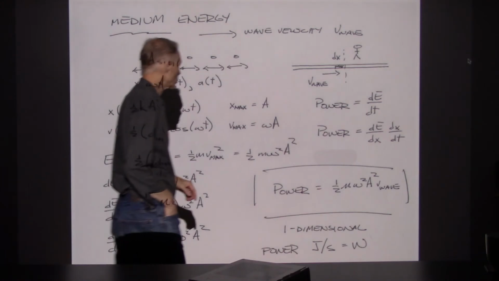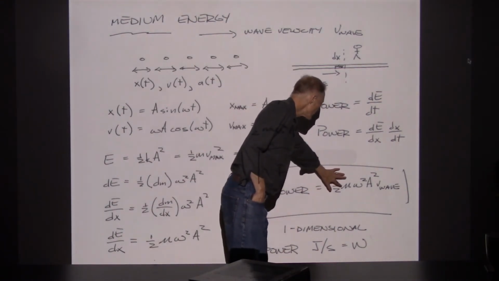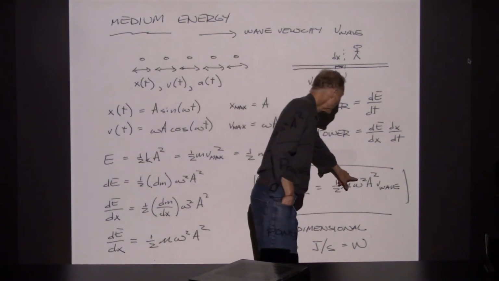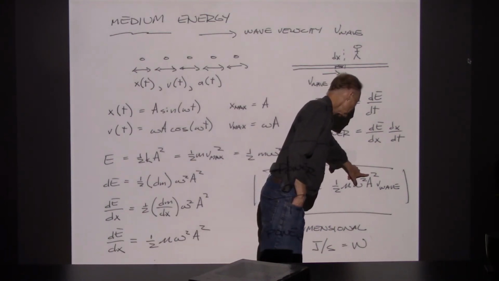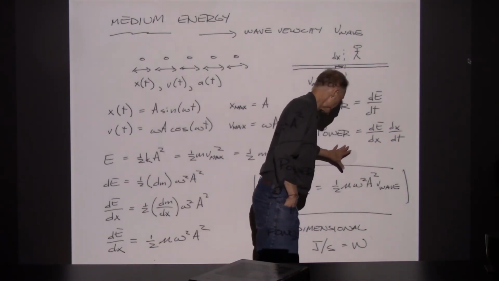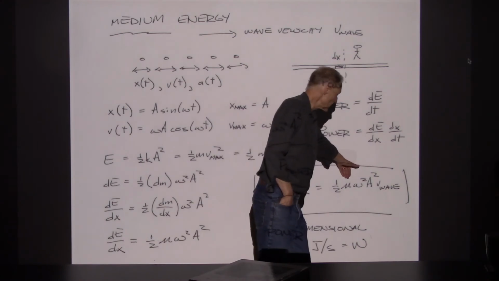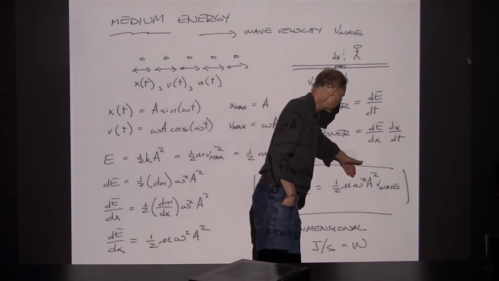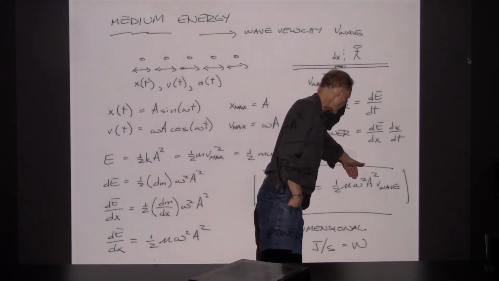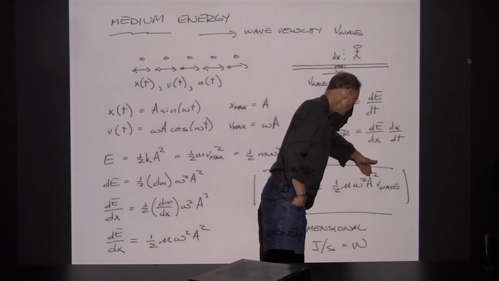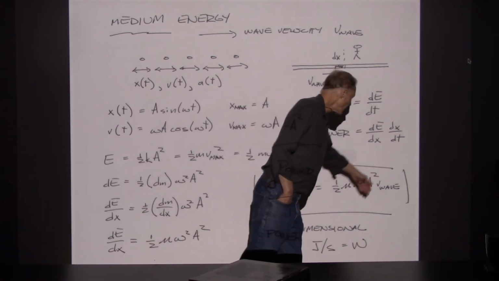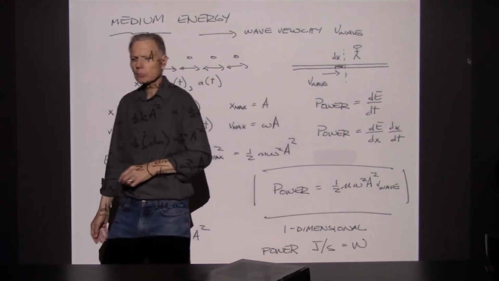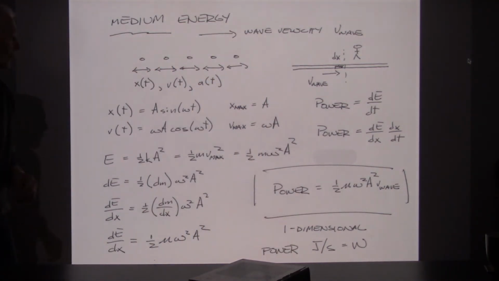But I prefer writing it as 1/2 mass per length, omega squared, A squared, amplitude squared. This is all about the medium. So all the stuff here is the mass per length of the medium, the frequency at which the medium is oscillating, the amplitude of those oscillations, and then at the end you multiply it by the wave speed. And that will tell us the rate.